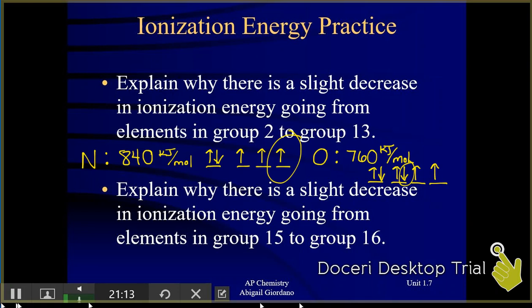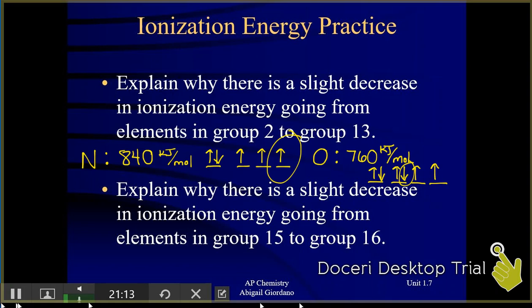Again, elements are sort of OCD. Nitrogen didn't have a filled p sublevel, but it had a half-filled one, and that's pretty good, and it doesn't want to have that disrupted. So let me say again: it takes more energy to remove an electron from a half-filled 2p sublevel than from a partially filled 2p sublevel.